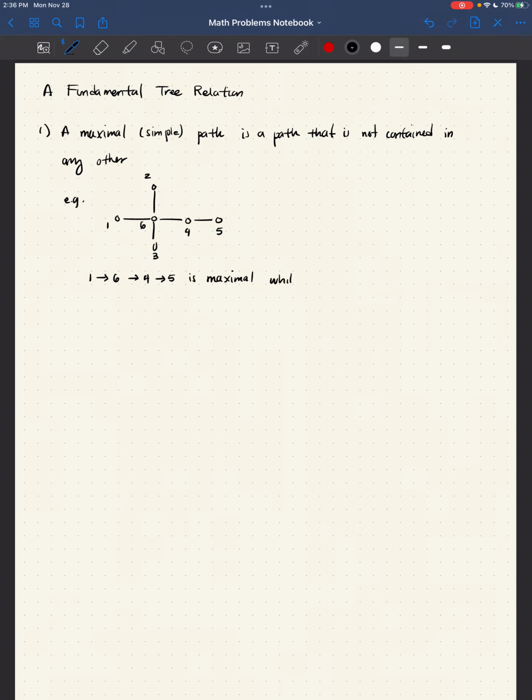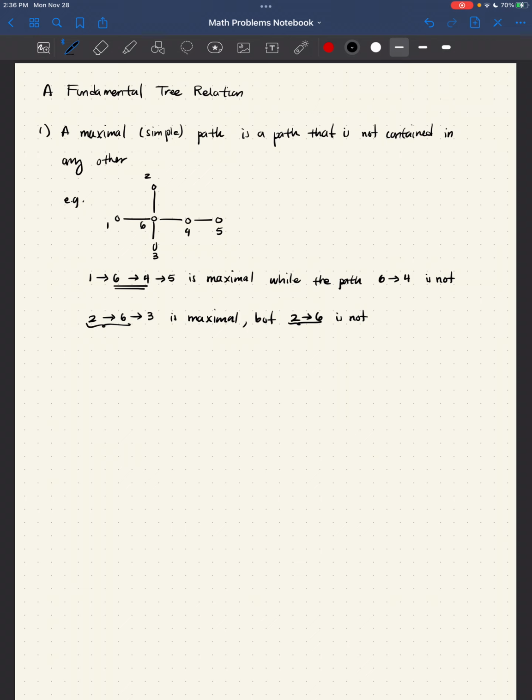While the path going from 6 to 4 is not, because that one is contained in this one. For the same reason, the path 2, 6, 3 is maximal, but the path 2, 6 is not, as we can see that this path is contained in this one.